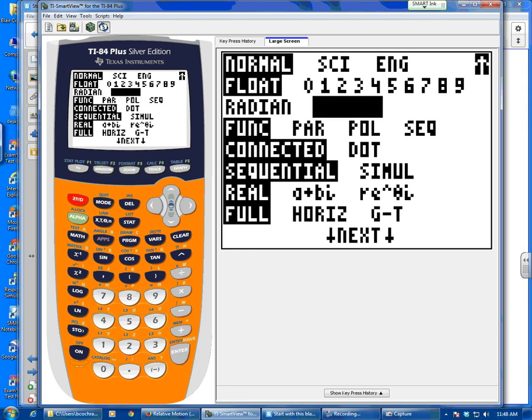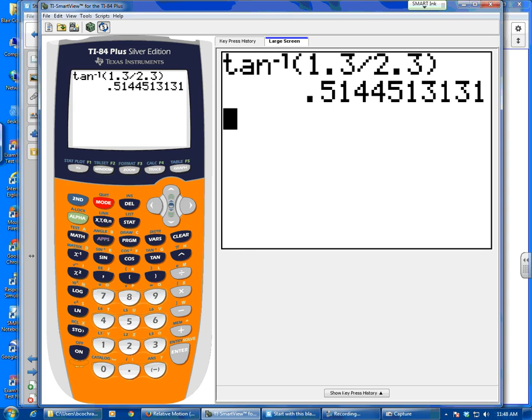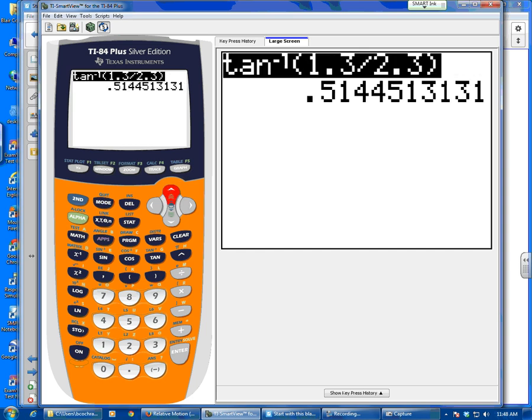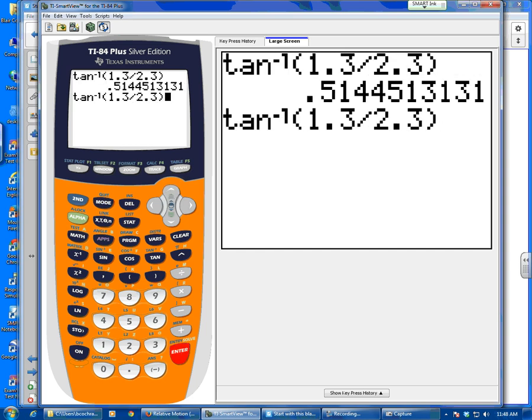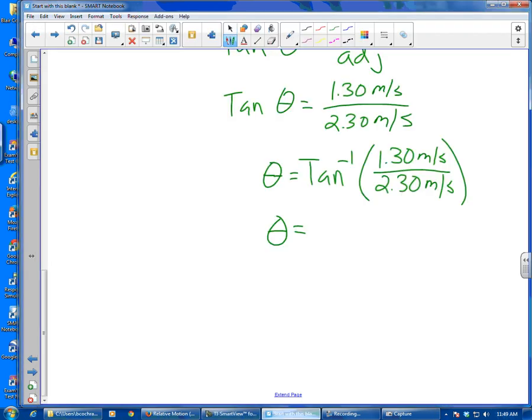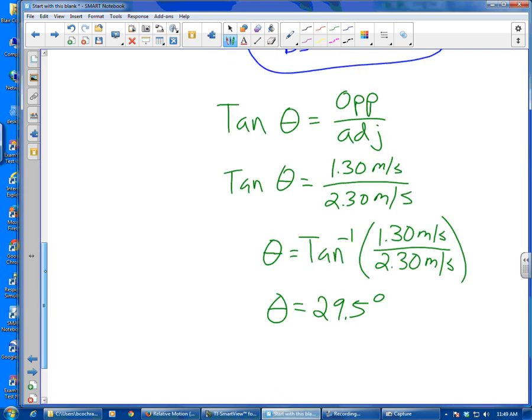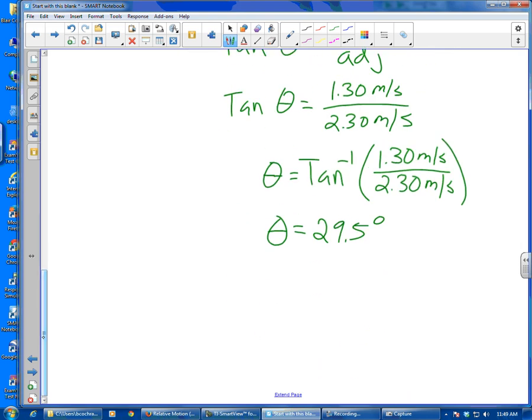Now I'm in degrees. And what's nice is I can arrow up and enter, and then enter again, and rather than in radians, I get it in degrees. 29.5 degrees.